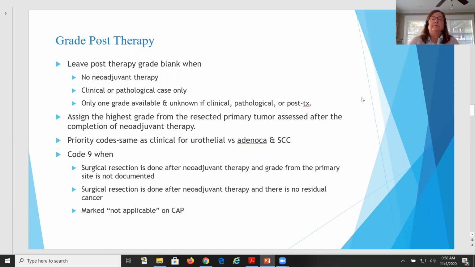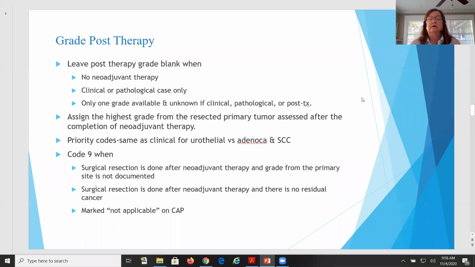Grade post-therapy is left blank unless this is a neoadjuvant case followed by surgical resection. And remember, assign the highest grade from the resected primary tumor assessed after completion of neoadjuvant therapy.